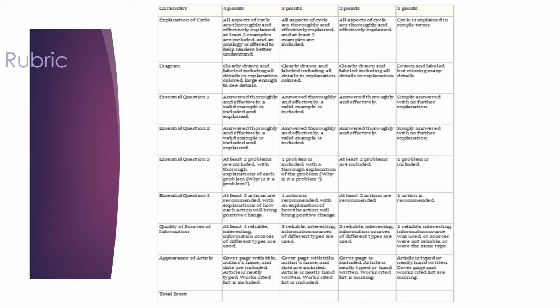The rubric is a non-biased way to assess students and to keep them focused on their final product. The categories of the rubric are explanation of cycles, diagram, essential questions 1, 2, 3, and 4, quality of sources of information, and the appearance of the article.